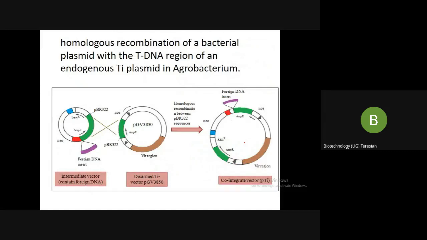Now, when I started with my first slide, what did I say? I told you that we are going to speak about co-integrative vectors. What do you mean by co-integrative vectors?